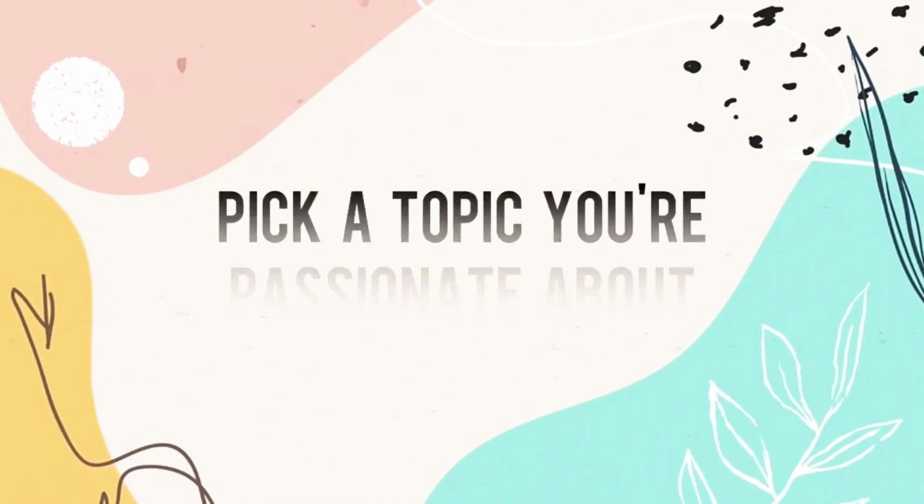Now I'll be enumerating some tips that may help in better persuasion writing or using persuasion as a mode of development. Number 1. Pick a topic you're passionate about. You'll do your best persuading when it's something you truly believe in. Number 2. Know your audience. Number 3.